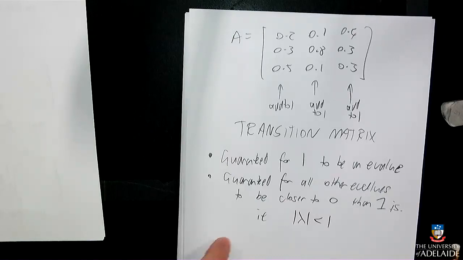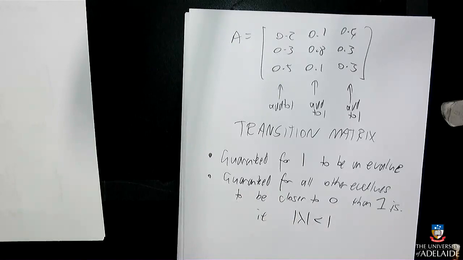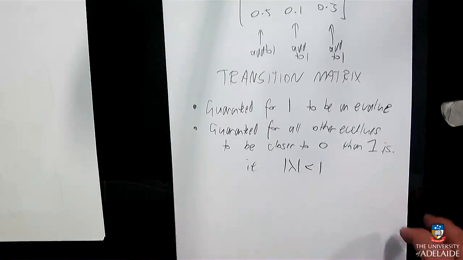So what that means is this. And you're also guaranteed to be able to... No, you're not guaranteed that. But anyway, if it's possible to write the whole of R3 or R whatever as a combination of eigenvectors for this matrix, then all the ones that are less... Just let me show you.